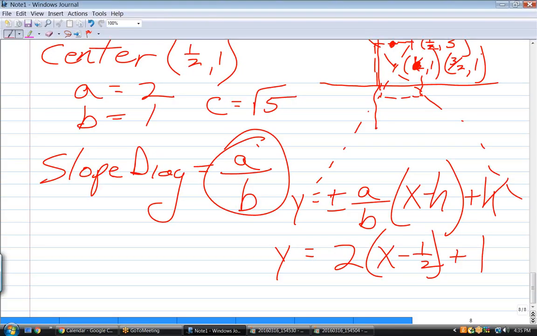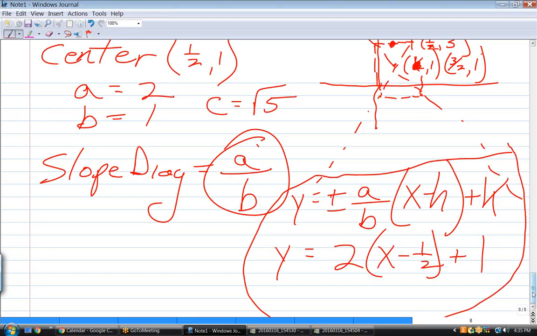And they might ask that of you. Okay. That's the hardest part of conics, the equation of the diagonals of a hyperbola. Mainly because they don't always get that far in school. In fact, a lot of students will never have to know that. But if you do have to know it, then you kind of have to memorize that equation.